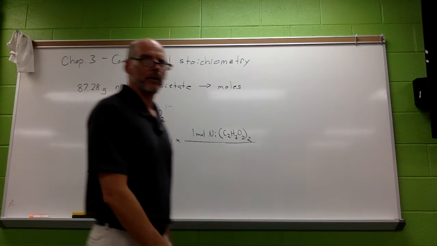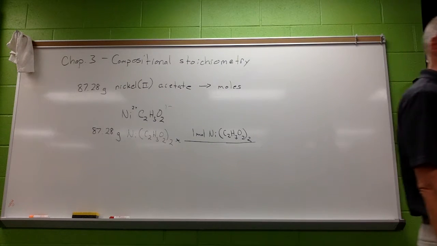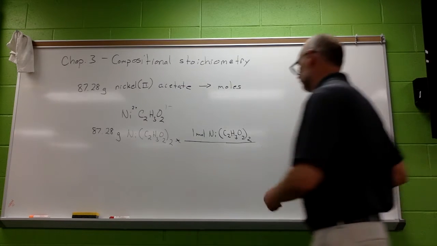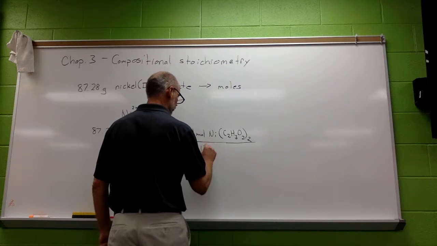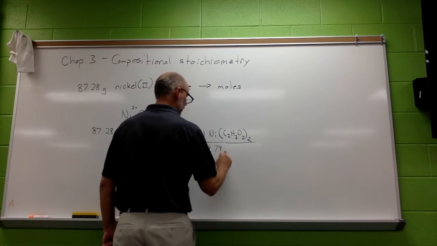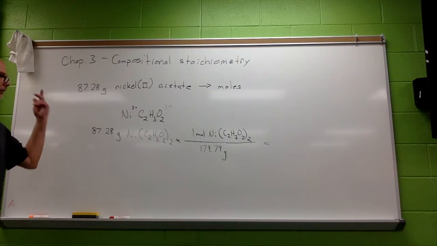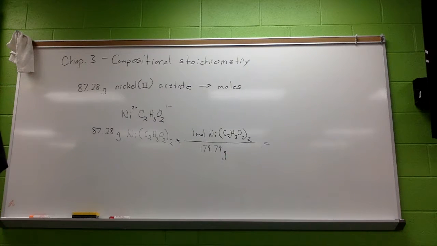And let me see, what's nickel? 58.34 or something like that? We heard a 179.79. Anyone concur? There we go. And we do the math, and we're looking at right around 0.5-ish.